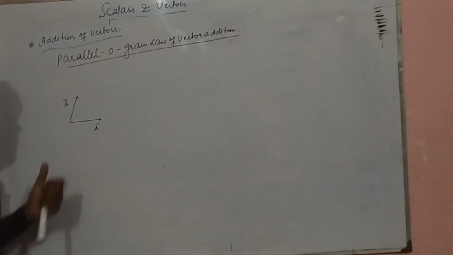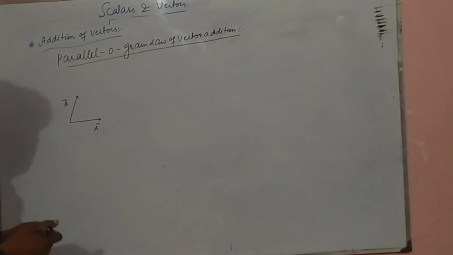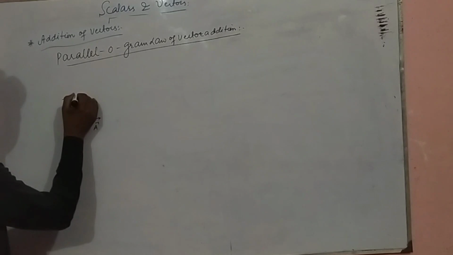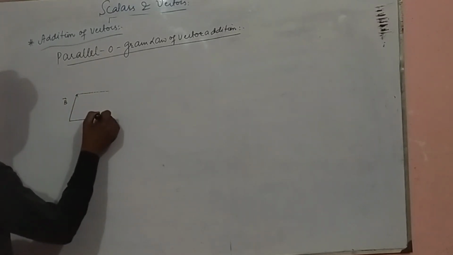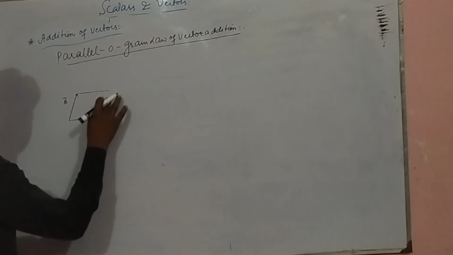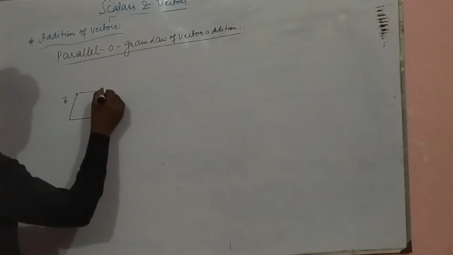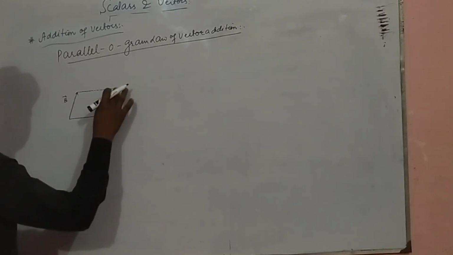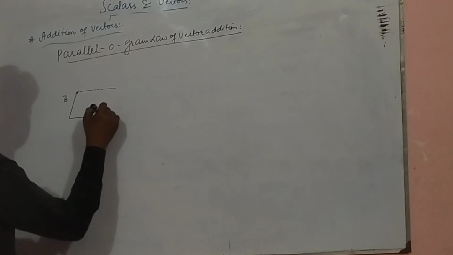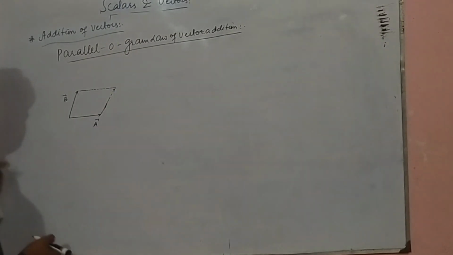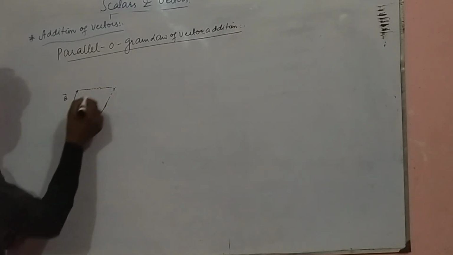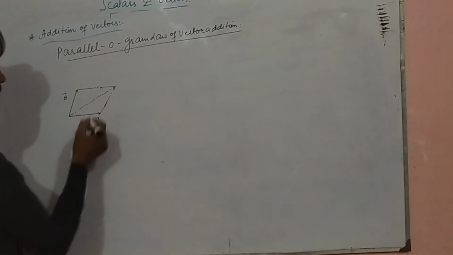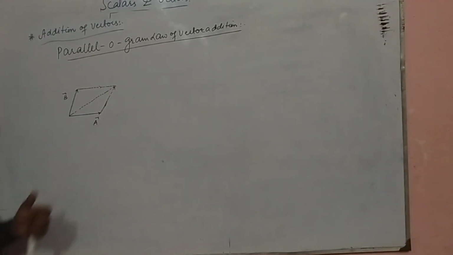We have to complete the shape, and this shape is formed. The resultant will be like this. This will be the resultant of both vectors.